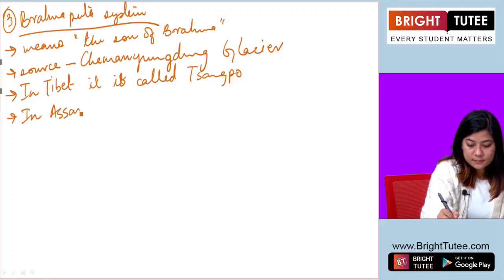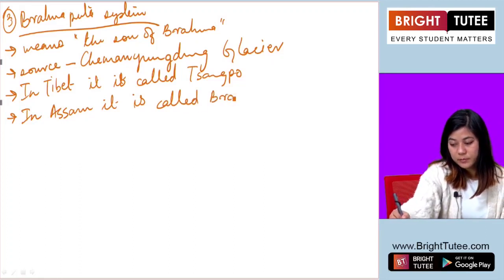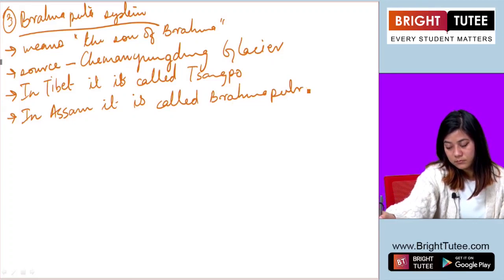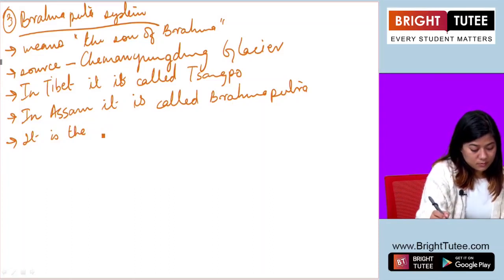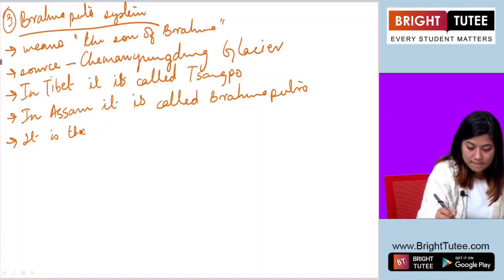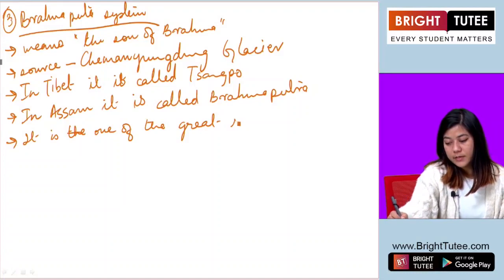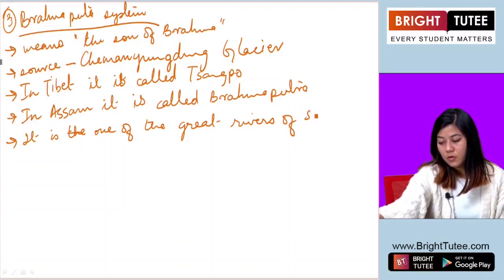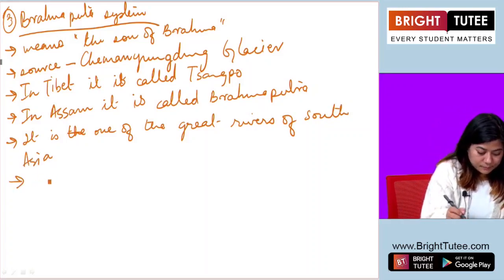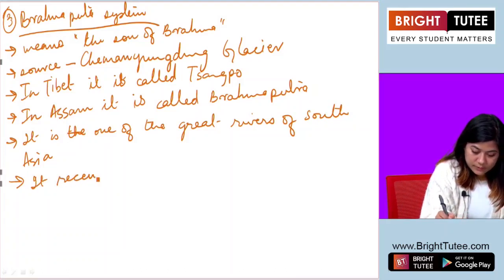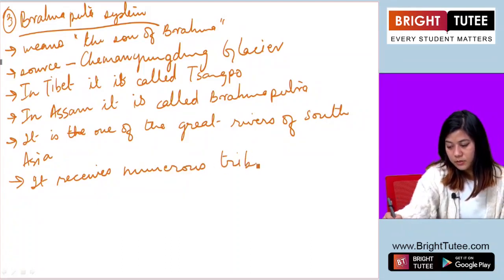In Assam, it is called Brahmaputra. It is one of the great rivers of South Asia. It receives numerous tributaries.